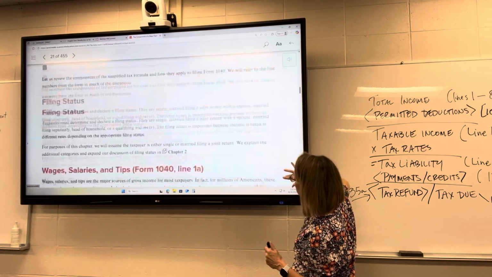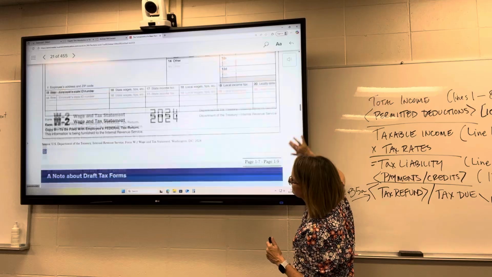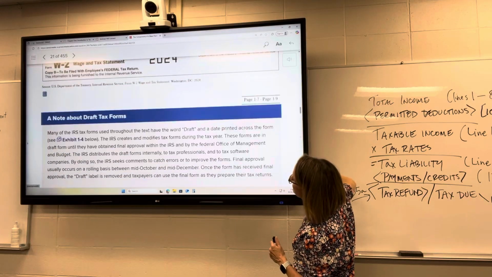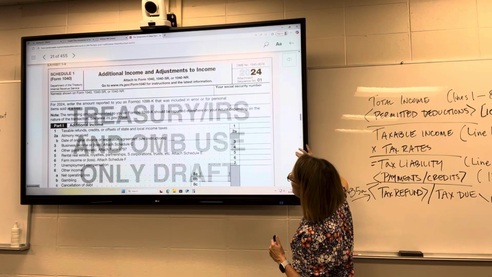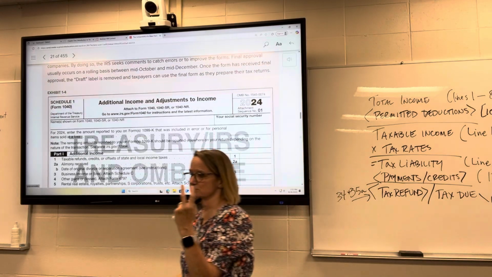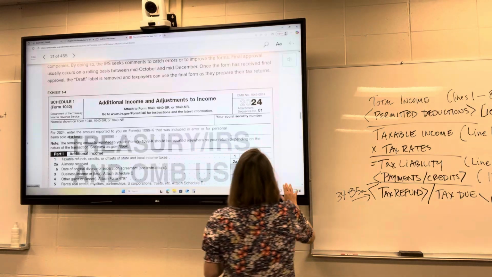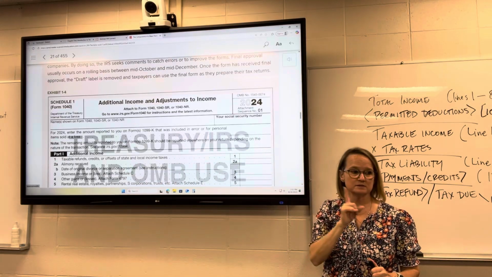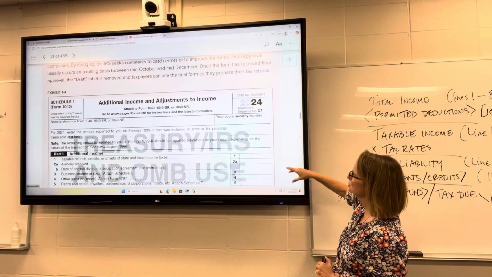I think they've got Schedule 1 up here. You all know what a W-2 looks like. I don't need to go through that. Here's our Schedule 1. Schedule 1 has 2 pages to it. It has additional income on page 1, and then it has adjustments, which are subtractions, deductions, on page 2.